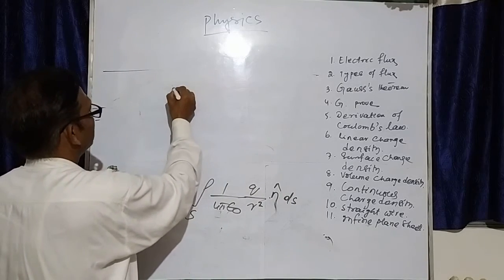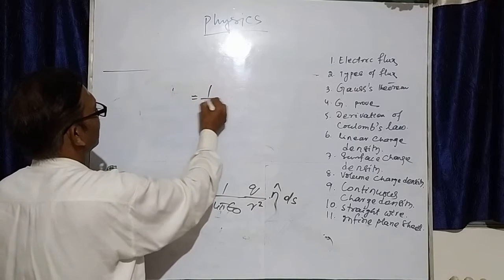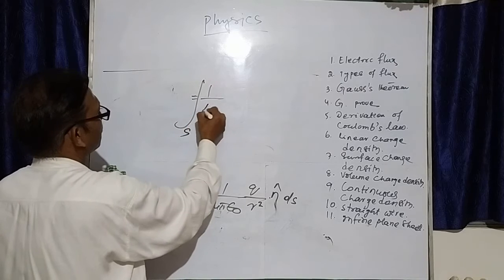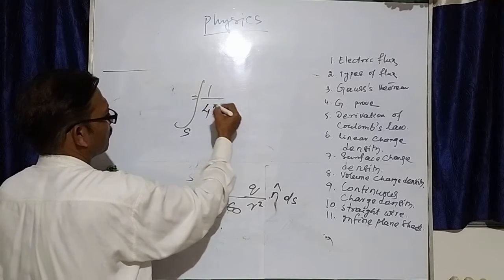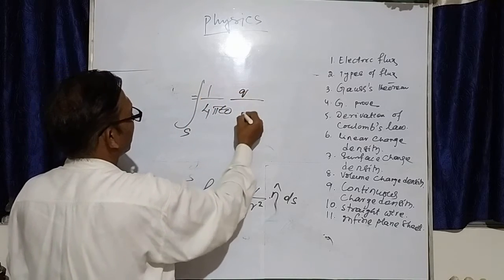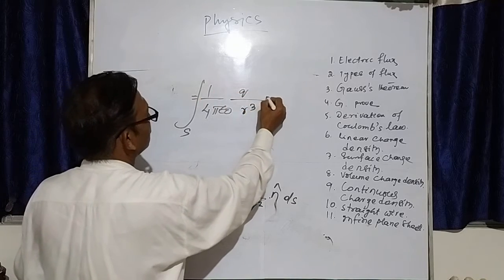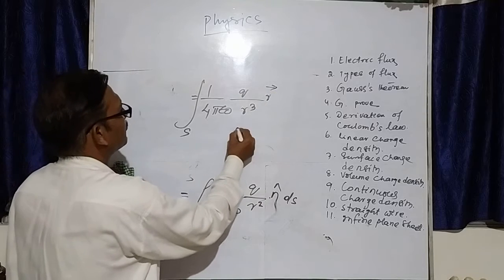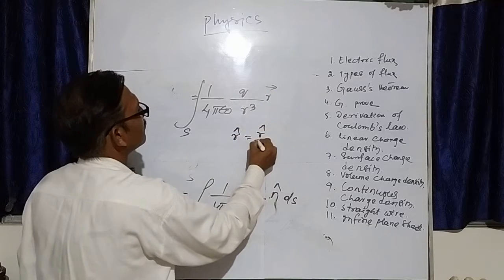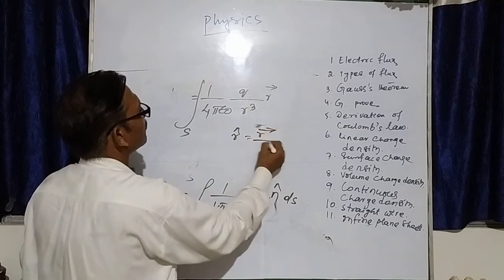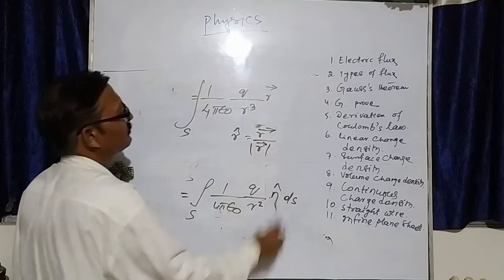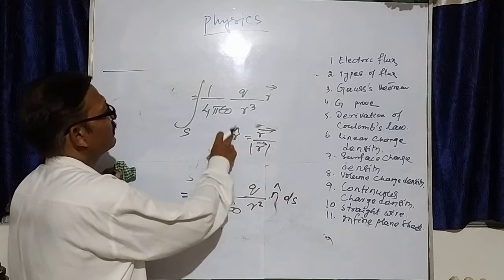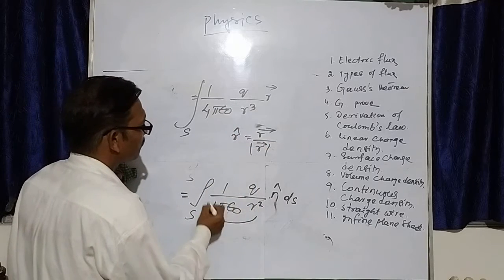Now in vector form, this is integration over s of 1 by 4 pi epsilon 0 q by r cube times r vector. R cap is equal to r vector divided by the magnitude of r vector. This is called your unit vector.